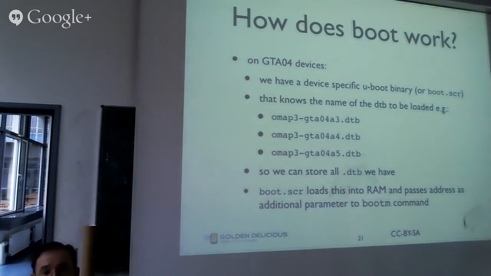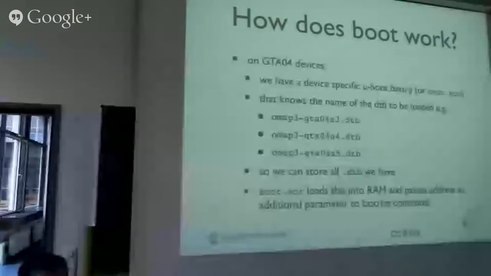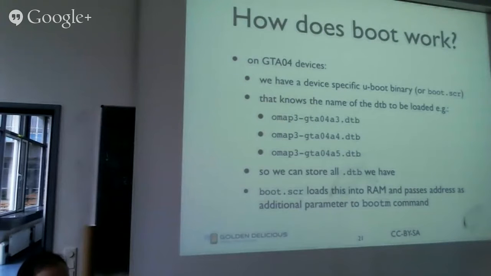Okay, now how does the boot process work? On the GTA04 devices, we have a specific U-boot binary, and of course, sometimes a U-boot script. And the logic behind that is that each device has its specific U-boot, because probably it already needs to support different hardware in U-boot.